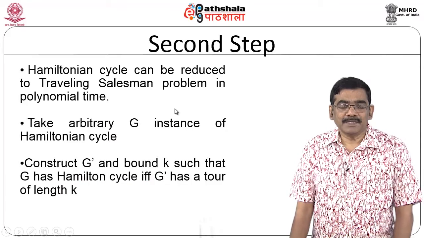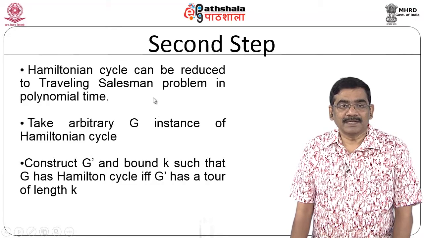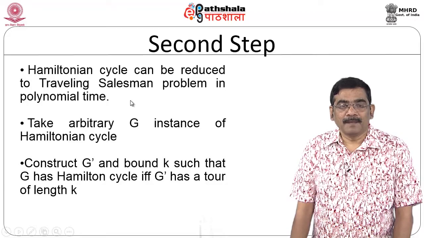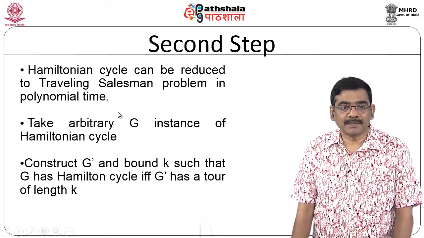The second step is we have to reduce the Hamiltonian cycle to the traveling salesman problem in polynomial time. For that we have to show that the reduction is indeed possible.